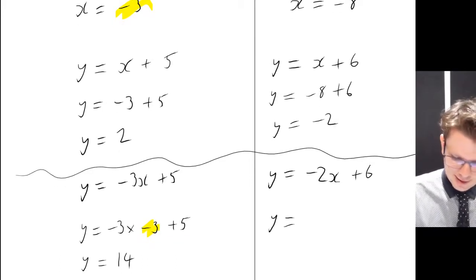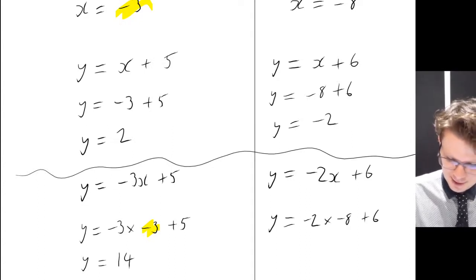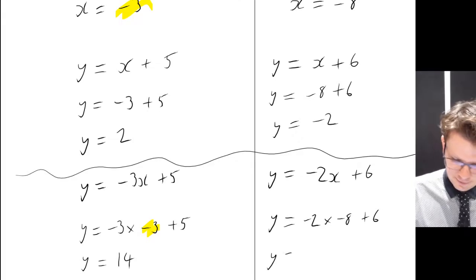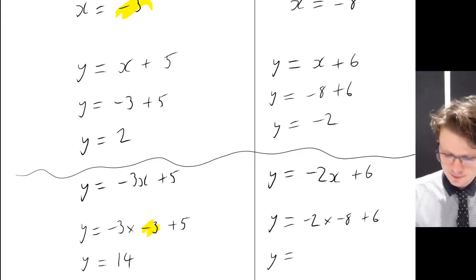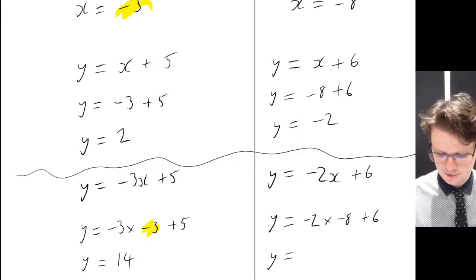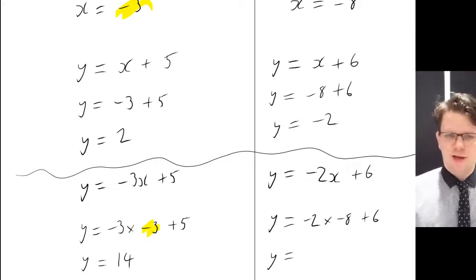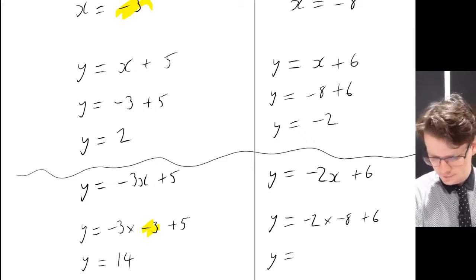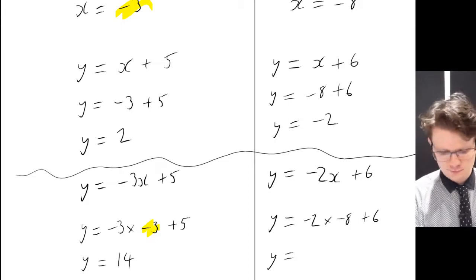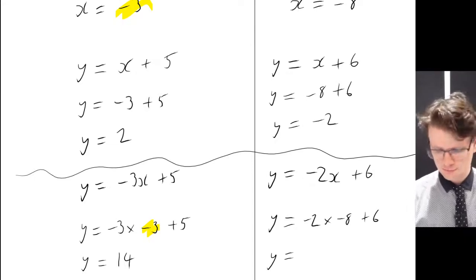Alrighty, y is equal to minus 2 times minus 8 plus 6. Type that into your calculator. Let's see if I get it right. If I'm doing the maths right, it should be 22. 22 indeed.